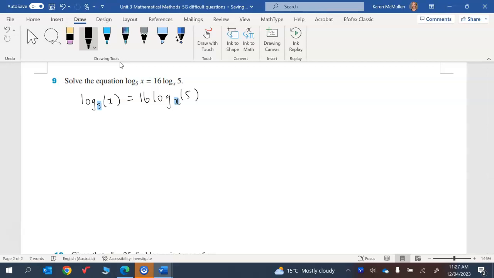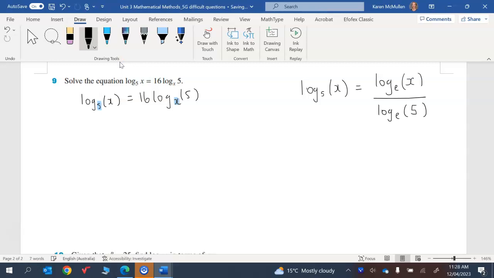So let's do our change of base. We're going to change the log base 5 of x. I'm just going to do a natural log. Remember, for change of base, your base can be anything, but whatever your argument is goes on the top of your fraction, and the base goes on the bottom.